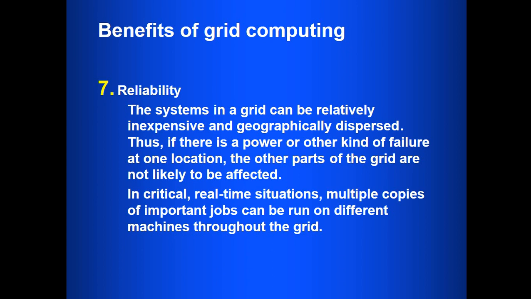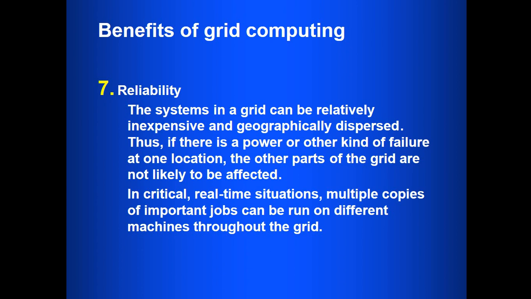Another advantage of grid computing is reliability. Reliability is a benefit of a distributed system, such as a grid. The systems in the grid can be relatively inexpensive and geographically dispersed.